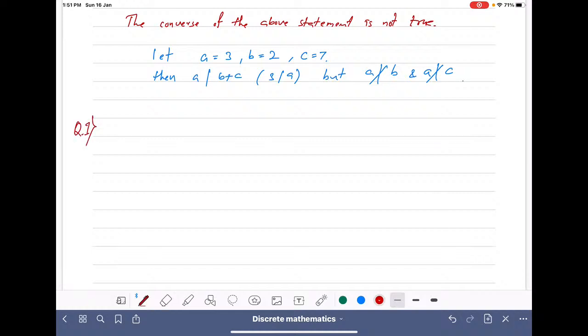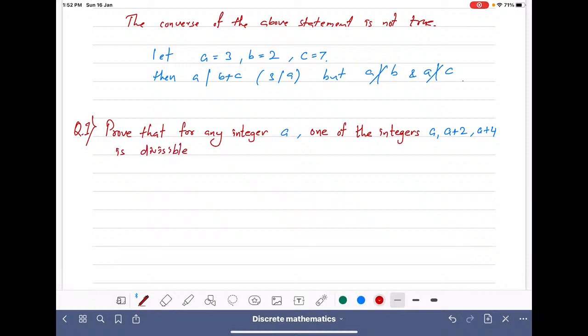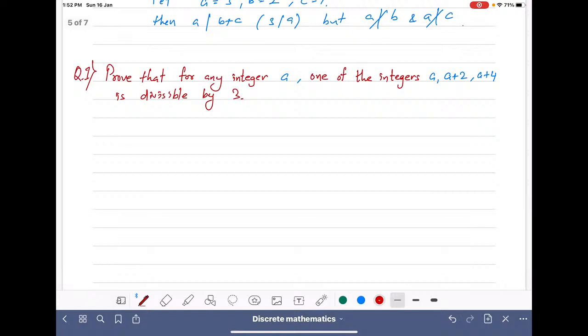Question number 1 says, prove that for any integer A, one of the integers A, A plus 2, A plus 4 is divisible by 3. We want to prove this one.